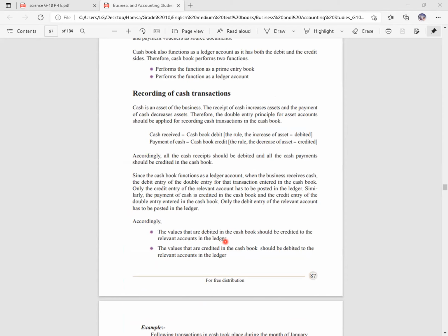Paid bank loan interest. So that will be cash account credit, bank loan interest account debit. Okay, so that is mentioned in this paragraph, right? Whatever the double entry, that is the double entry.